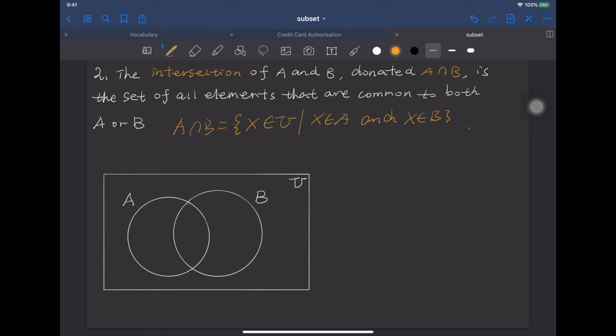You can see in this graph that this part is the overlap of A and B. We can shade this region to indicate the intersection of A and B.